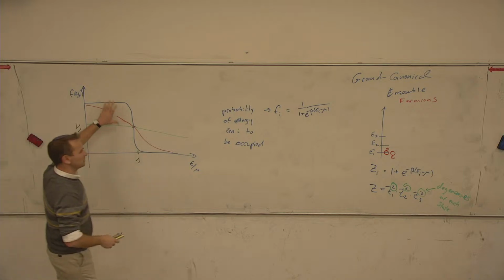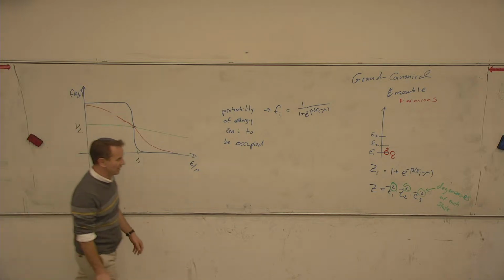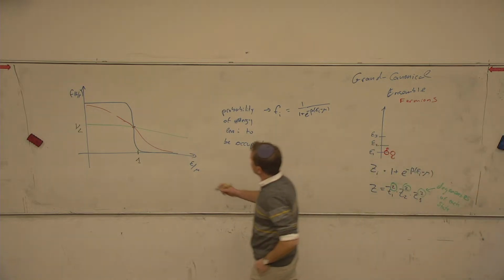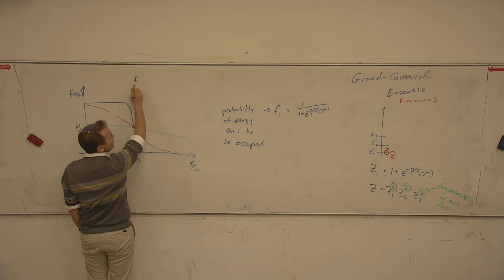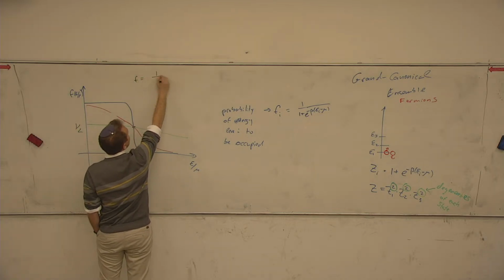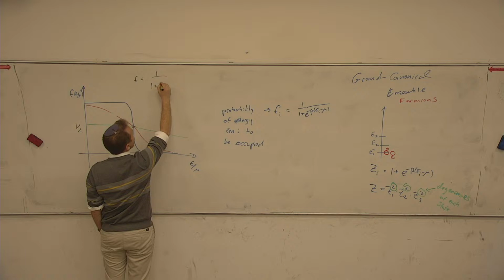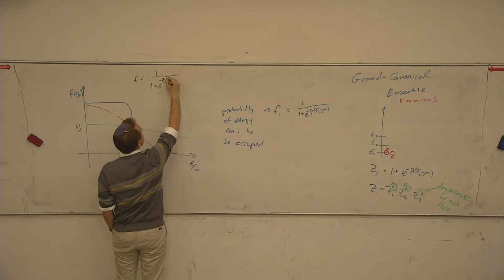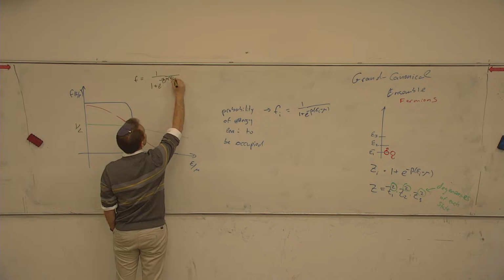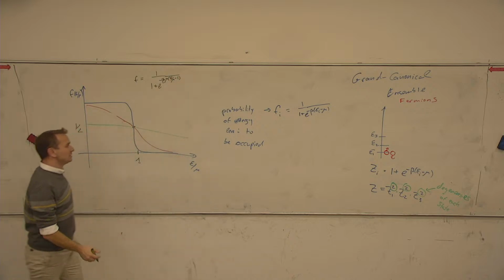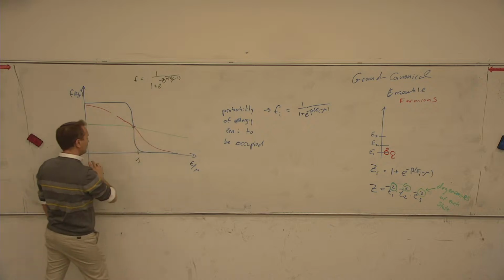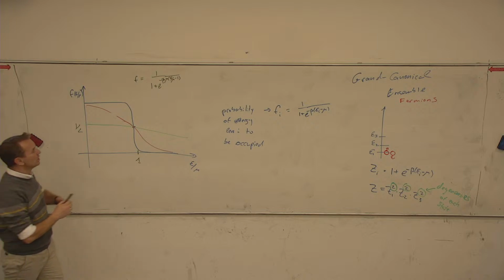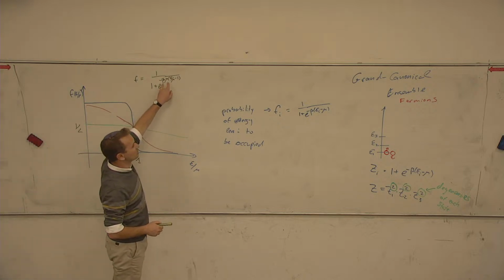How we can discriminate between those three different behaviors depends on this value over here. Okay. So what we write is f equals 1 over 1 plus e to the power beta mu, times epsilon over mu minus 1. Now epsilon over mu minus 1 is our x-axis over here. Now how sharp the transition is, is completely defined by this parameter beta mu.